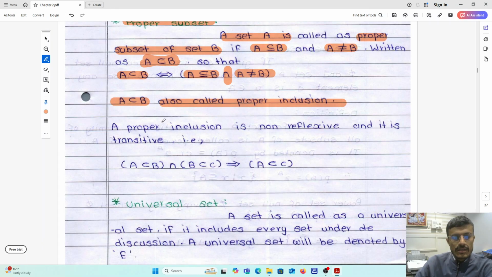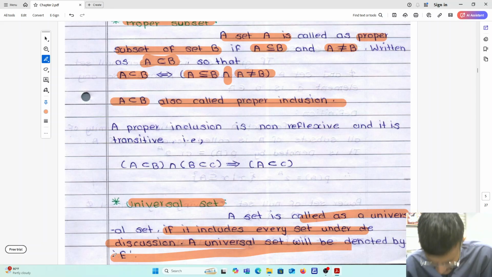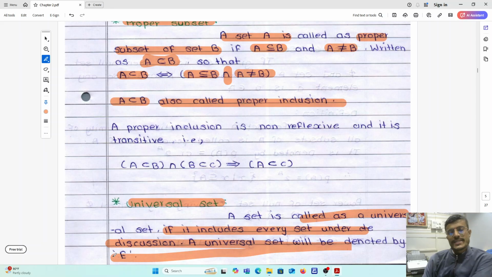Universal set. A set is said to be a universal set if it includes every set under discussion, and it is denoted by E. For example, let us consider capital E as the universal set.